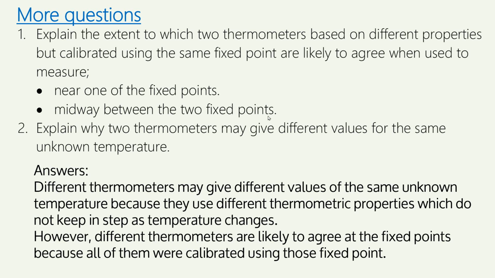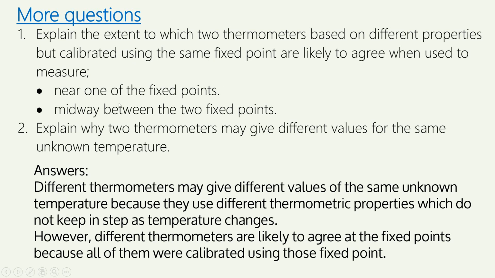So when we are measuring midway between the two fixed points, we expect them to disagree to the largest extent. Why? Because midway between the two fixed points is the point which is farthest from each of the fixed points. Remember, agreement only occurs at the fixed points.